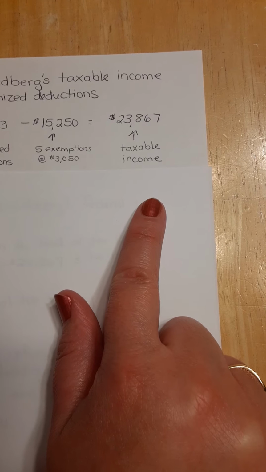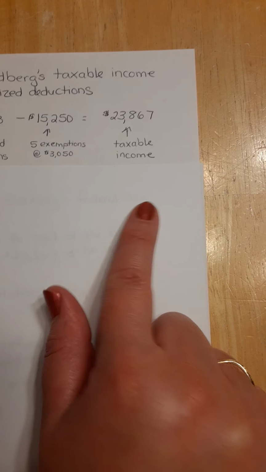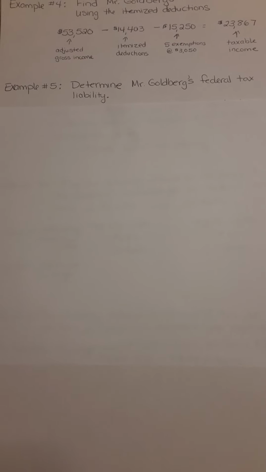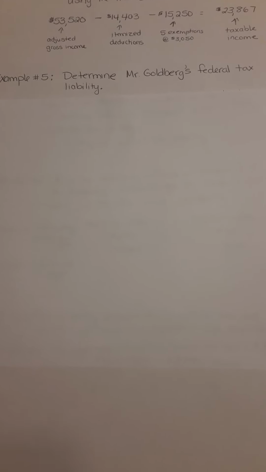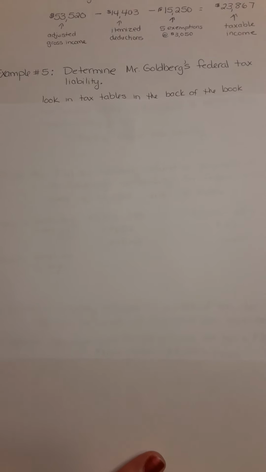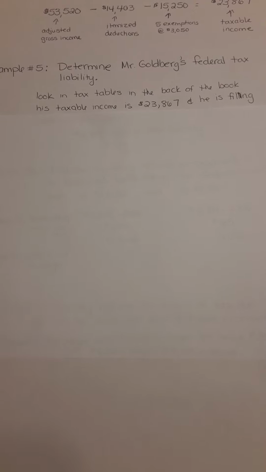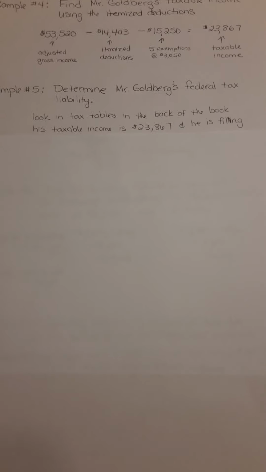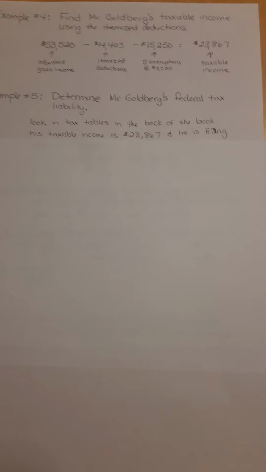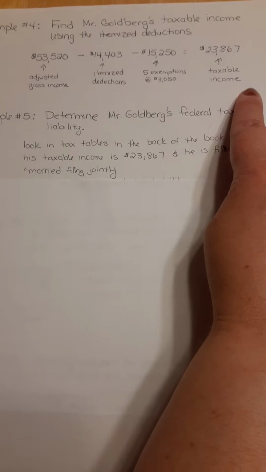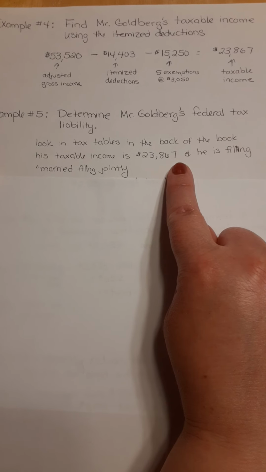This is the total we're then going to use to go to the back of the book. And that is what we're doing here. So we want to determine how much Mr. Goldberg's federal tax liability is. So go to the back of the book. I'm not going to actually flip back to it because I've already done it in advance. So to save time, remember we have his taxable income, which we just found. That's what we were trying to find.